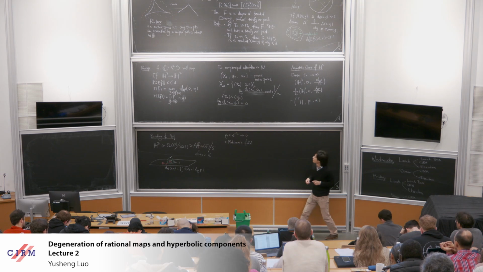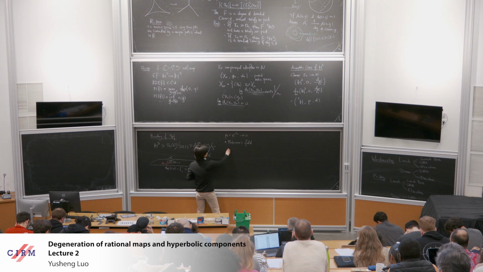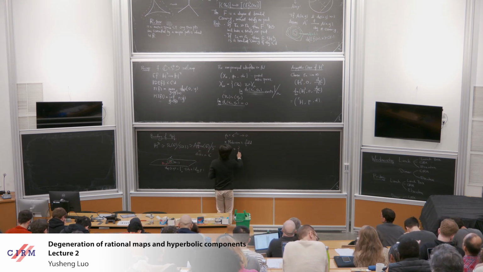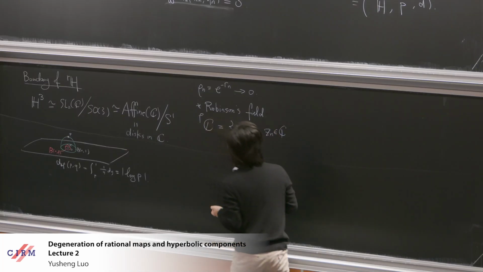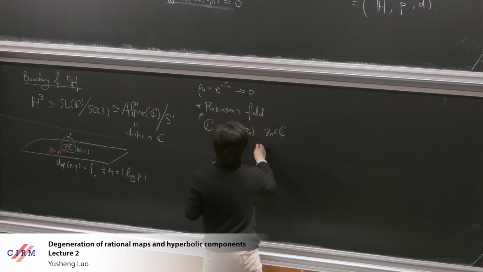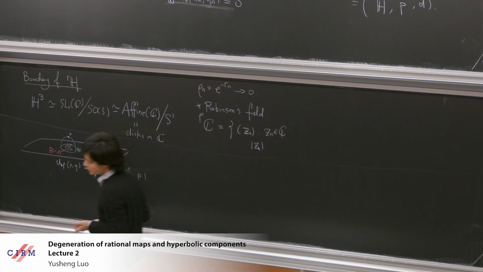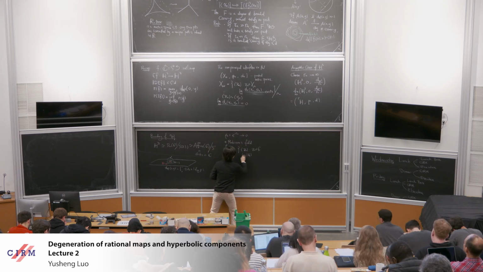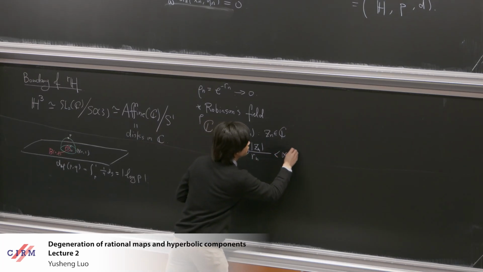Yep. All right, so here we are going to define the Robinson's field, and this Robinson's field turns out to be, again, the set of all sequences Zn, where Zn is in C, and these Zn do not grow too fast to infinity. So the limit of log of Zn over Rn is bounded.